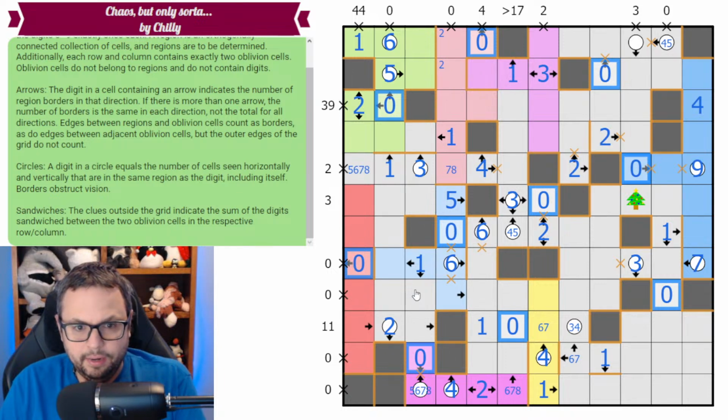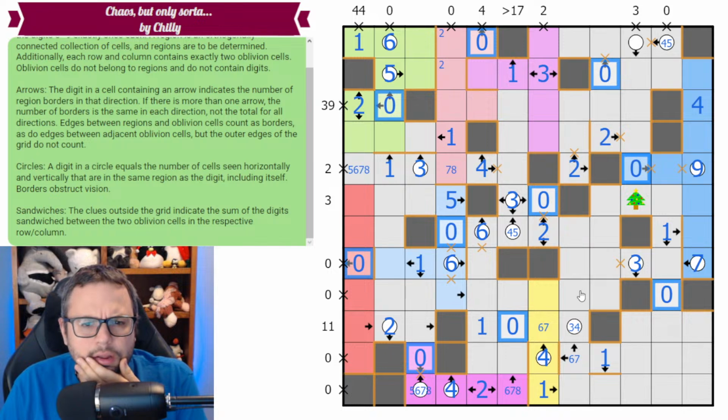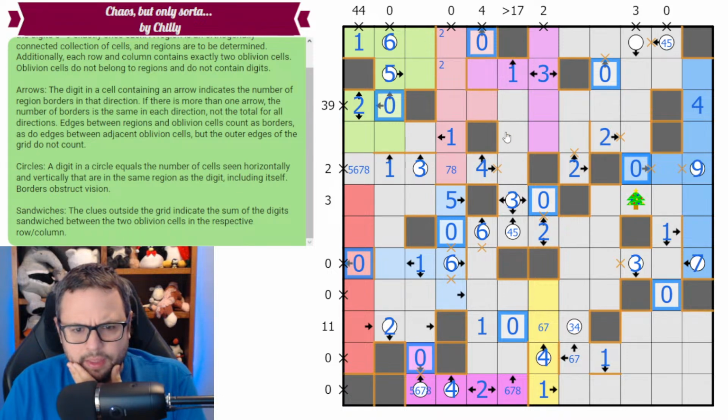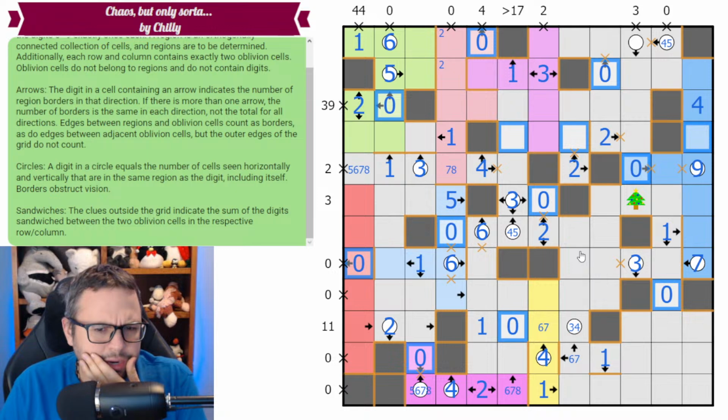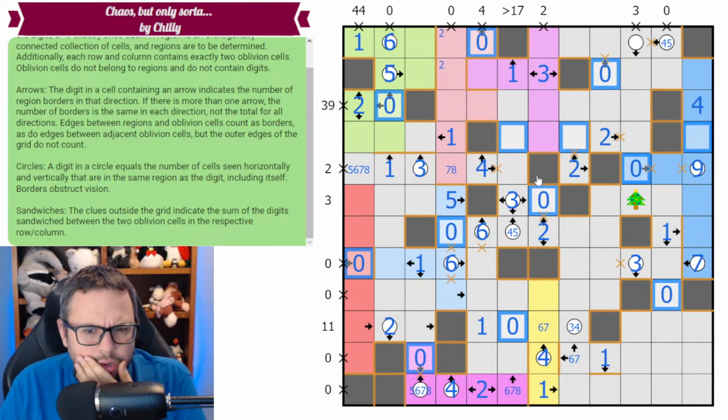Let's see. It's not in those places. Wait, no, there's already a 0 in row 9, right? What about row 4? It's not there. Could be there. Could be here or here or here, I think. No, not there. There is a 0 in that column.